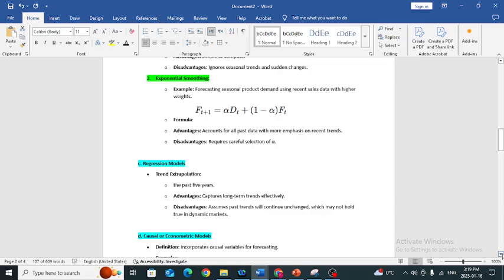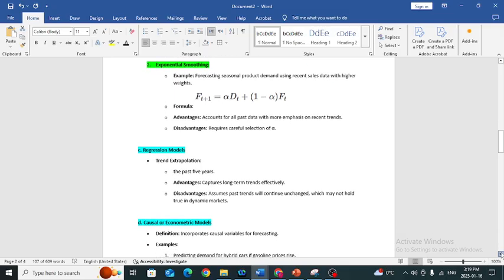Most of the time in the dynamic market, we cannot actually use this, because it just assumes past trends will continue unchanged, but it's not correct according to the dynamic market.